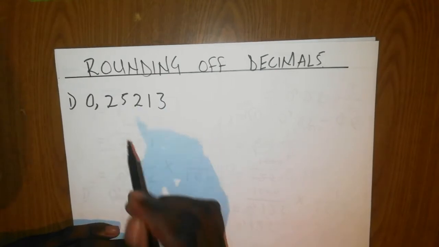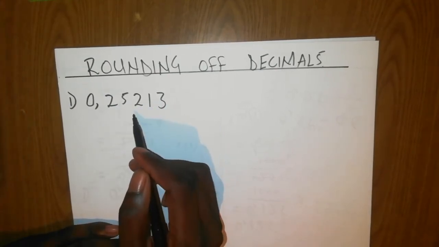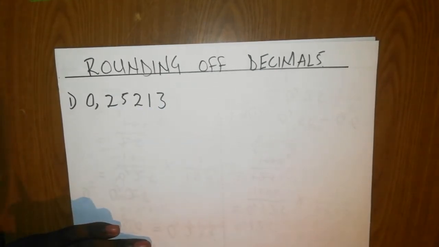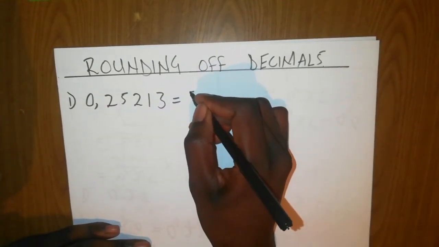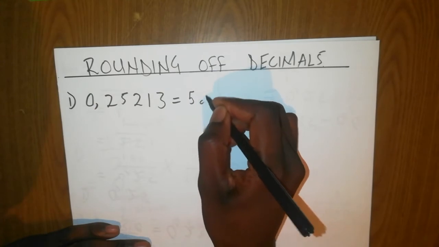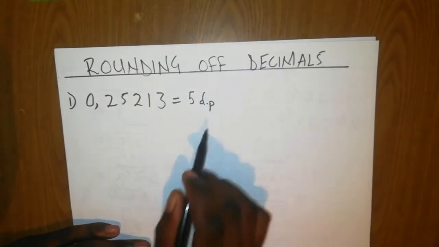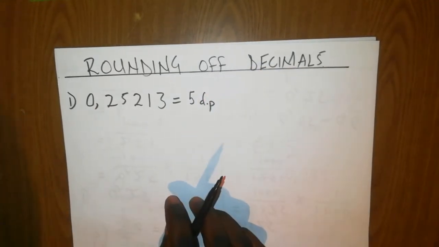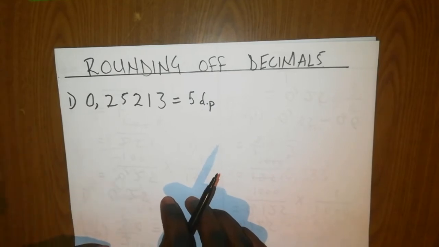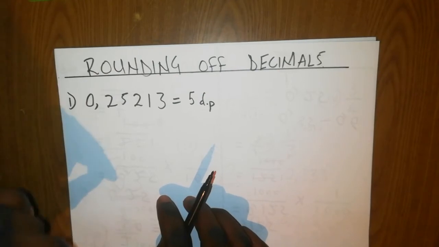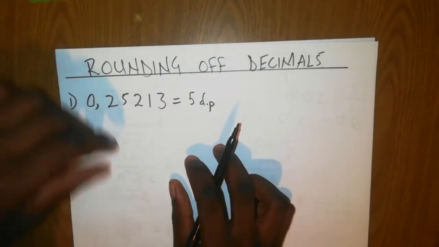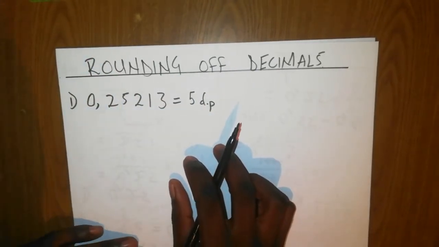From my definition, decimal places refers to the number of numbers that are found after the comma. So in this case, how many numbers do you have after the comma? It is equal to 5. So this number is equal to 5 decimal places. Bear in mind, the shorthand for decimal place is DP. Then the second concept that you're supposed to understand, I'm done with decimal places. I'm moving on to significant figures.